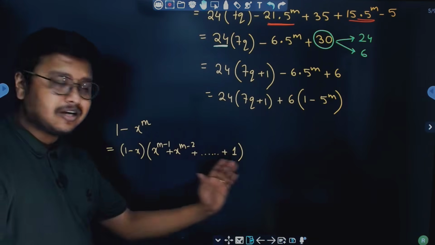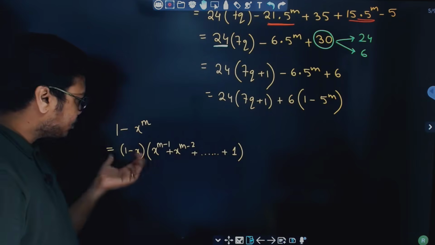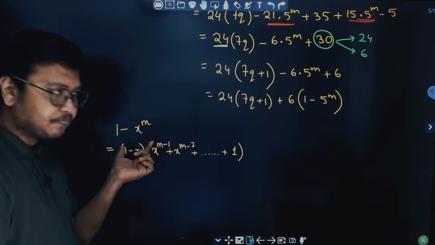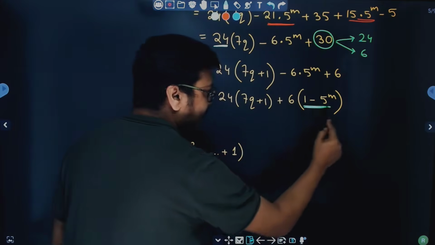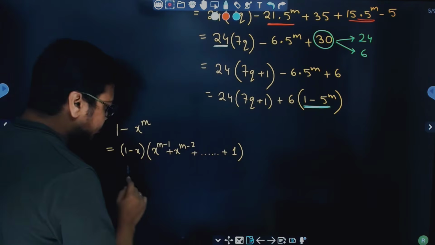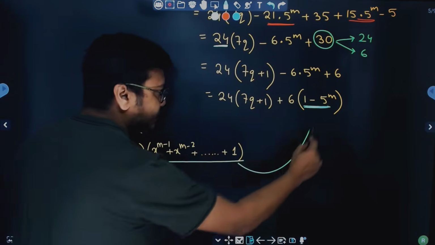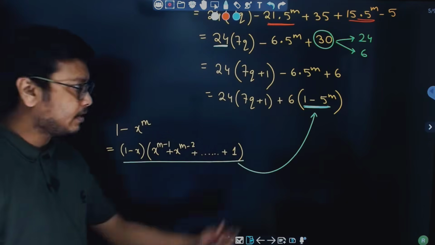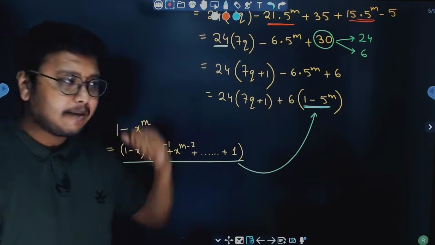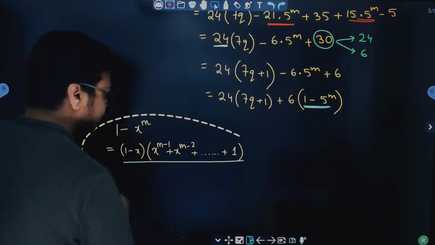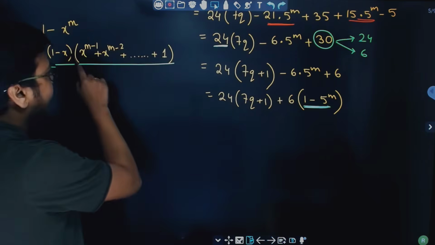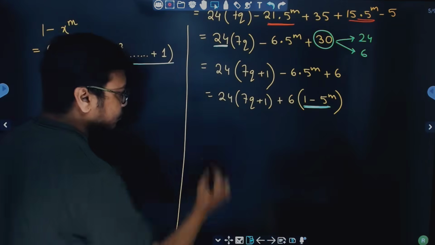So this was the simplification of 1 minus x to the power m. Now you can visualize your 1 minus x to the power m right over here, and you can use this entire simplification for this particular part, 1 minus 5 to the power m. So let's just do that. I will move this to the side for your reference, and I will continue my process.